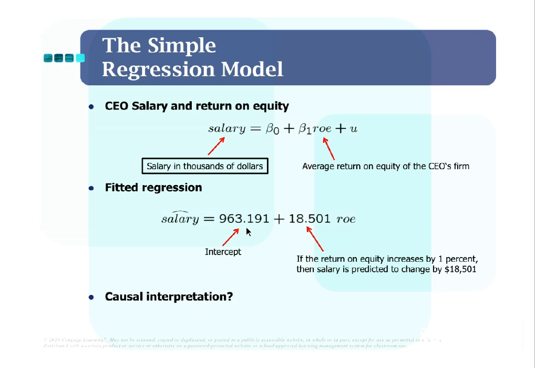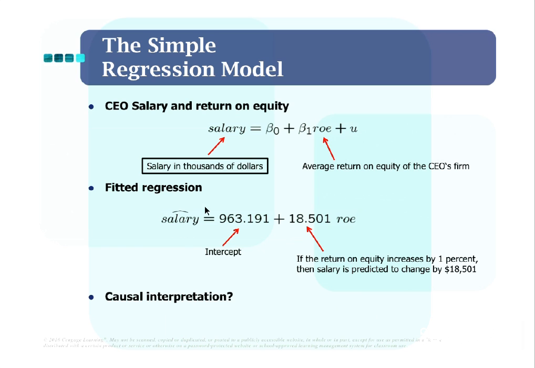This is the intercept, which I have said is not very important, and beta 1 tells you that if the return on equity increases by 1%, the salary is predicted to change by 18,500. Basically, if the ROE is higher, the salary of the CEO is also higher.